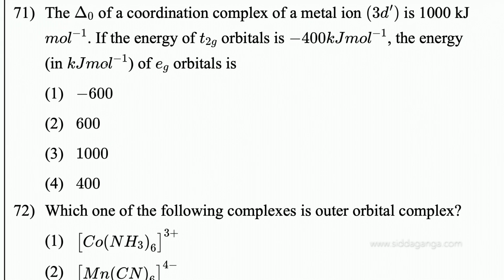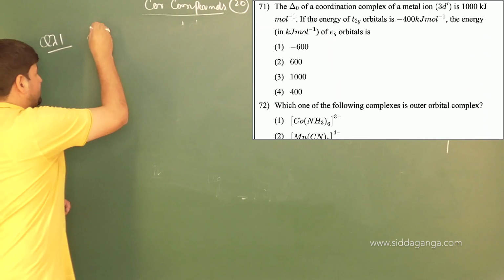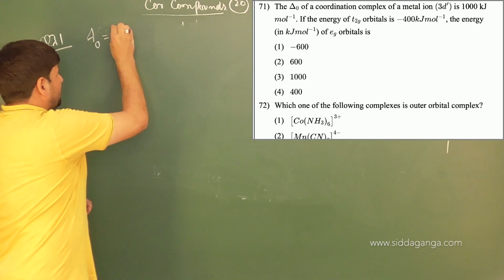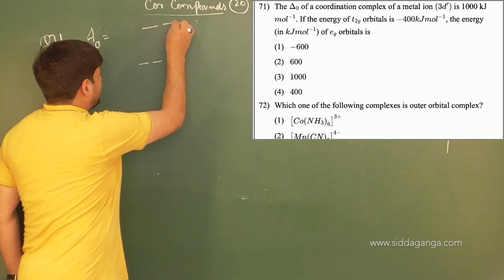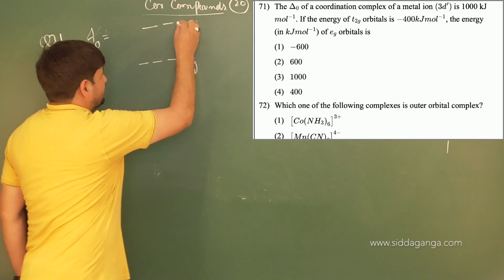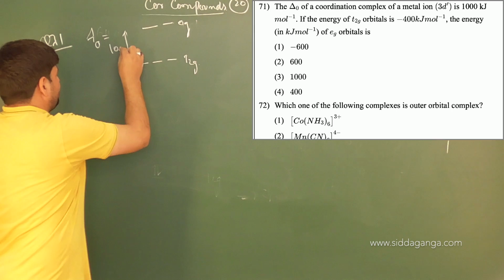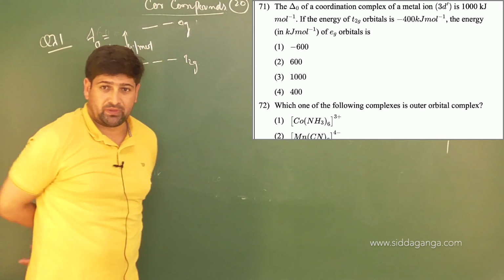Good. If the energy of t2g orbitals is minus 400 kilojoules per mole, the energy of eg orbitals is? Question number 71. We know the crystal field splitting in octahedral field equals what? T2g and eg set. According to the question, this is the t2g set and this is the eg set. Crystal field splitting energy for the two is given to be 1000 kilojoules per mole.